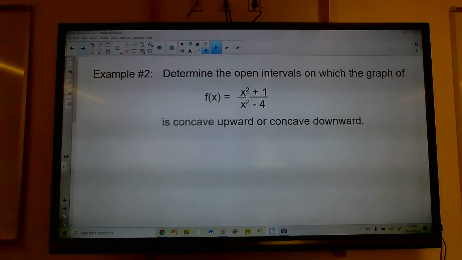Okay, determine the open intervals upon which the graph of x squared plus 1 over x squared minus 4 is concave up or concave down.